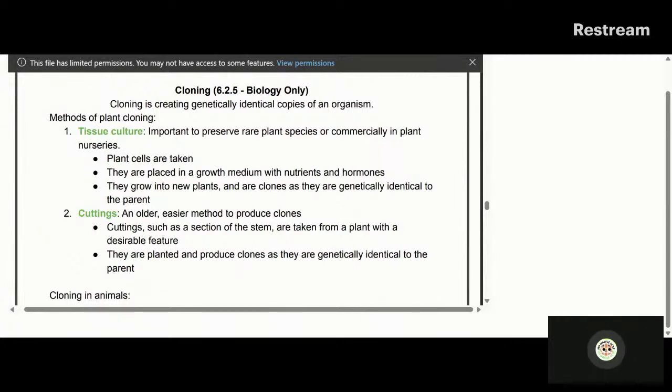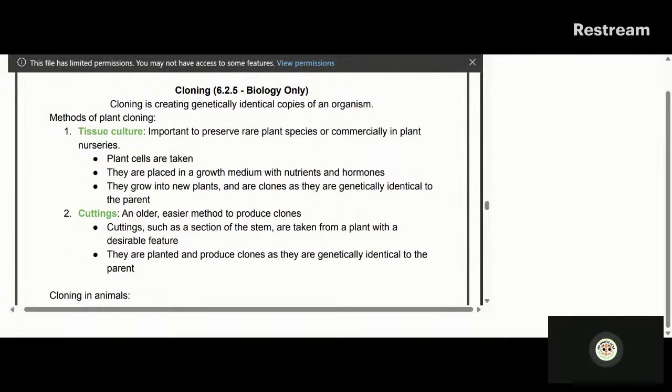Then you have the second one, cuttings. This is when gardeners literally snip off a little bit of a plant. Perhaps it can be the stem, and in soil, you may dip it in a bit of rooting powder, and it will then produce genetically identical copies.